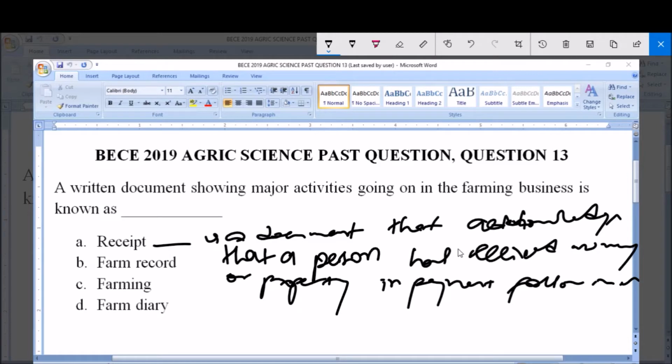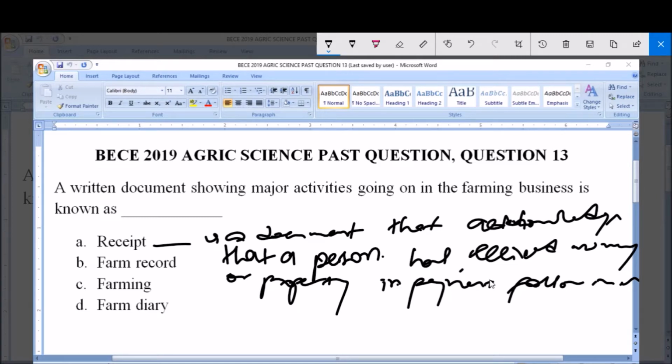That is, it's just a document that acknowledges that a person has received either money or property in payment following a sale. Like when you sell something, or when you buy something, you get a receipt. It acknowledges that this action has been carried out by you. So that is a receipt.